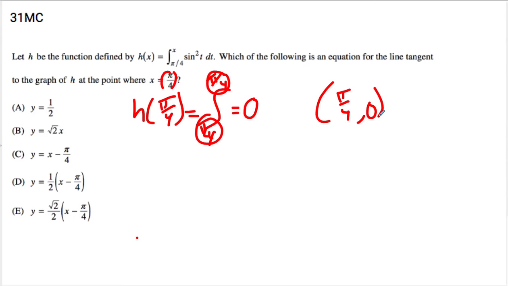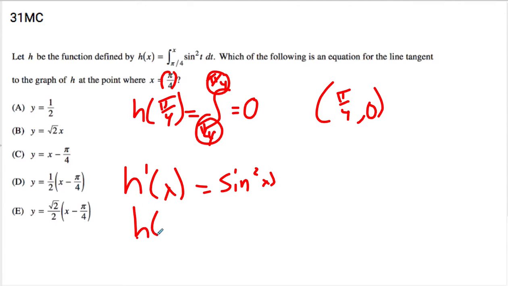My derivative, we'll do h prime of x. The derivative cancels the antiderivative. We just got sine squared of x. And if we do pi over 4, h prime of pi over 4 equals sine squared of pi over 4. The sine of pi over 4 is square root of 2 over 2.